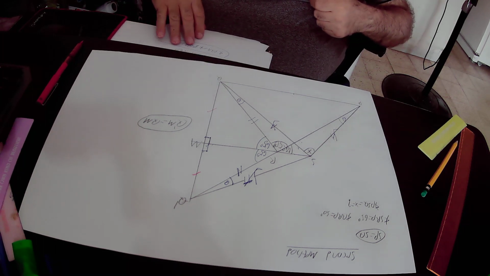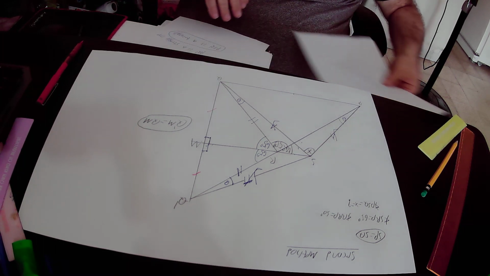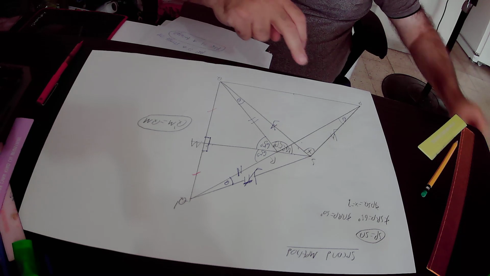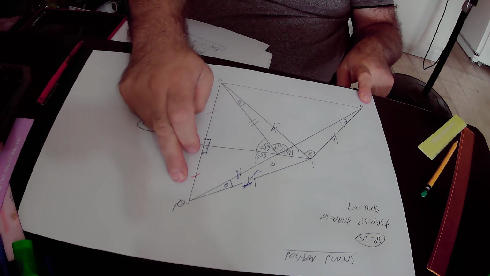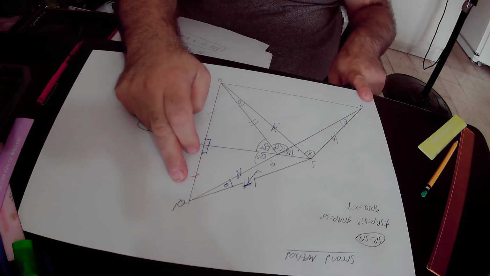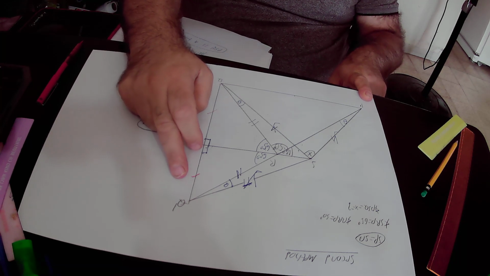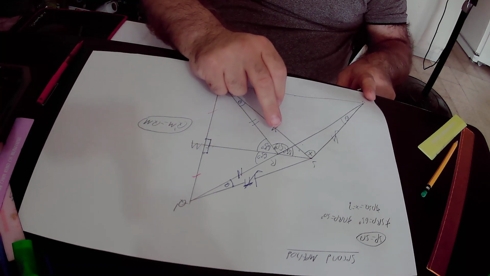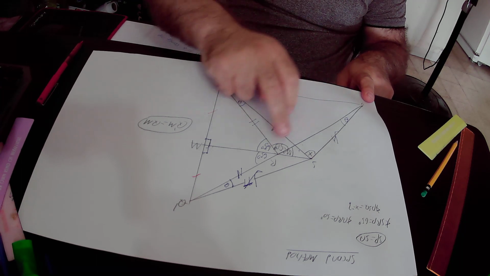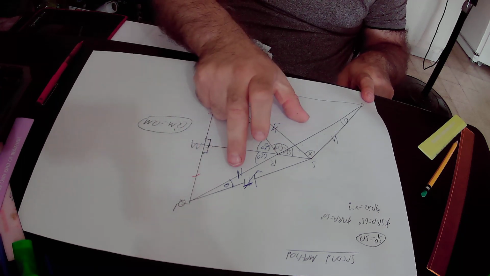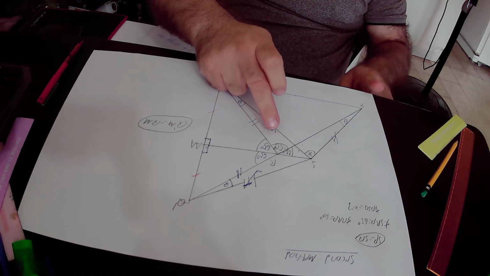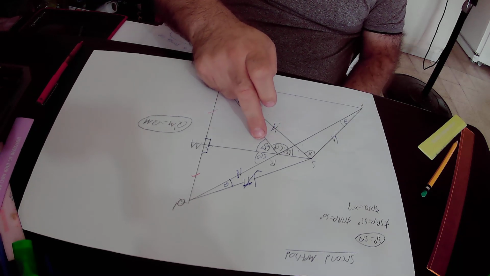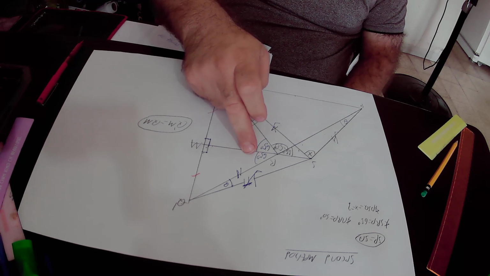Okay, then we proved that line segment PQ dash is a straight line. How do we prove that line segment PQ dash is a straight line? By calculating the size of angle PRQ dash from this side. The size of angle PRQ dash is actually 50 degrees plus 65 degrees plus 65 degrees.